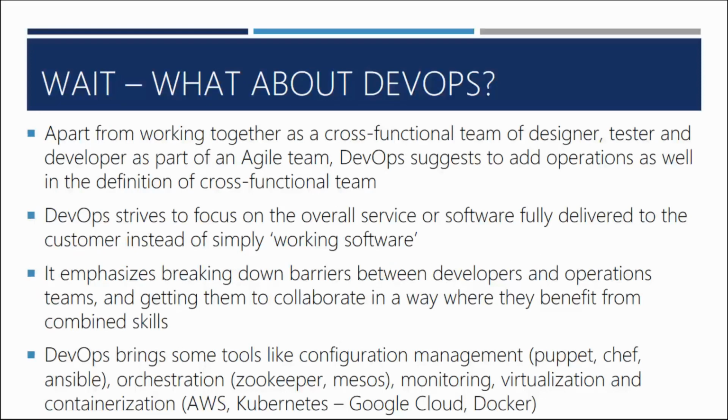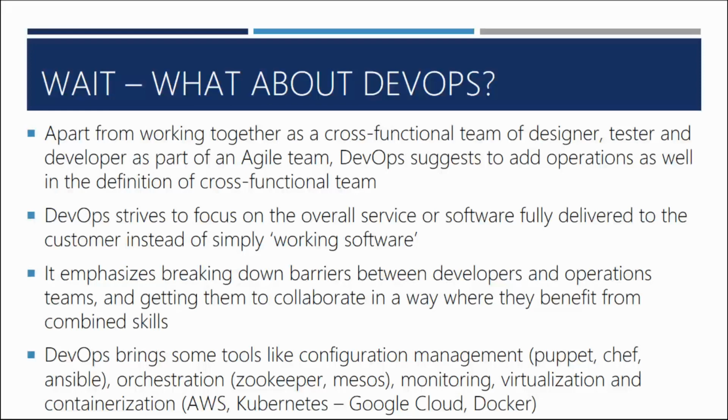Apart from working together as cross-functional teams of, let's say, designers, developers, testers, DevOps suggests adding operations as well to the definition of the cross-functional team. So this is where the benefit of DevOps comes into play, where you're actually merging the ops team with the development and the rest of the teams.